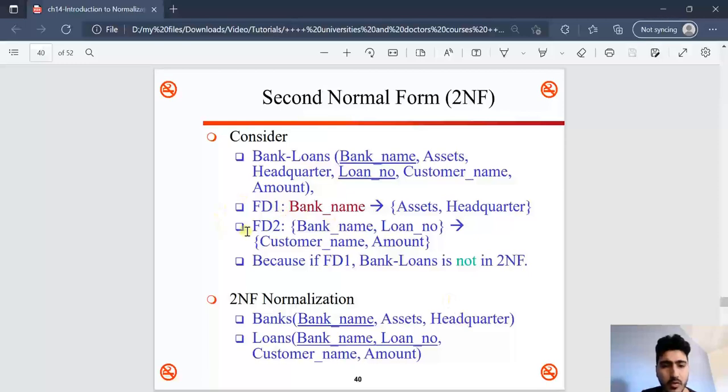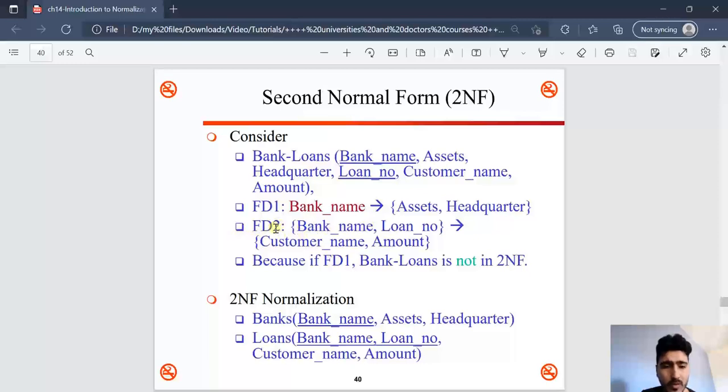Now we move to the second functional dependency, which tells us that bank name and loan number determine the customer name and the amount. This means that the customer name and amount depend fully on the primary key, which is the bank name and loan number, and not partially.